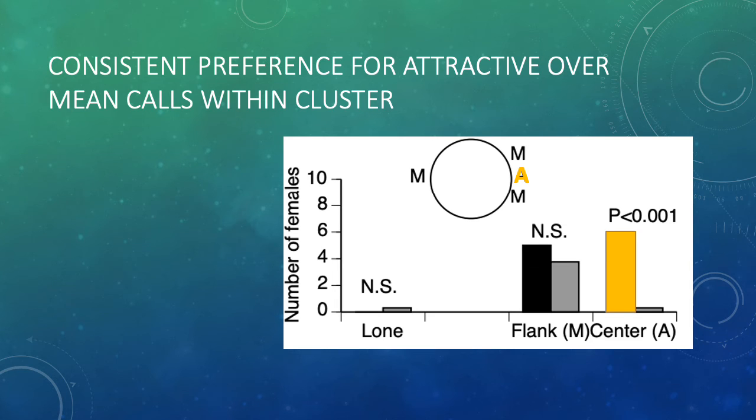However, when we boost the attractiveness of that central speaker, now the females start to beat the performance of that simulation. Then we had 6 out of 21 consistently approaching the cluster, specifically toward that middle.